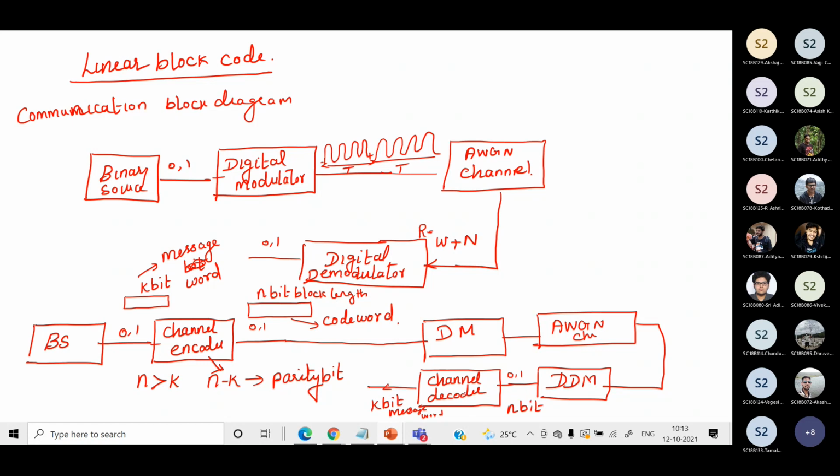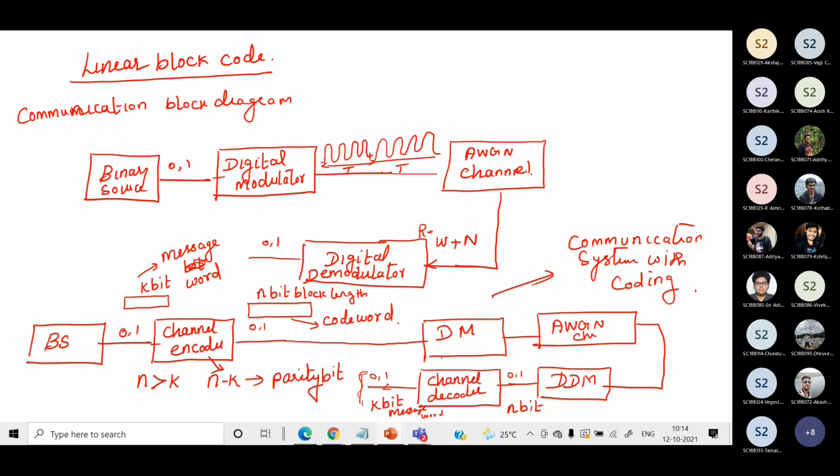It has to convert the received n bit block to the message word. Then the output is ones and zeros. So this will be the block diagram of a communication system with coding.